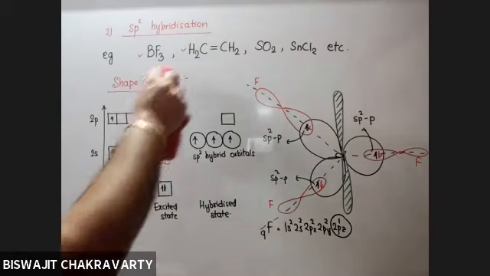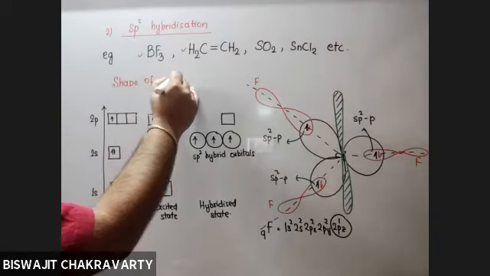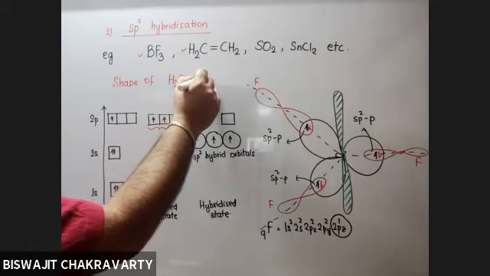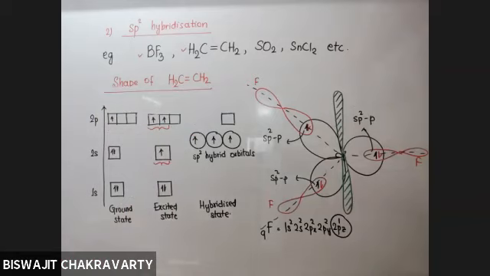Okay. Now let us do the next one, that is the shape of CH2=CH2, ethene. Who is the central atom? Carbon. So what is the electronic configuration of carbon in the ground state? 1s2, 2s2, 2p2, isn't it?